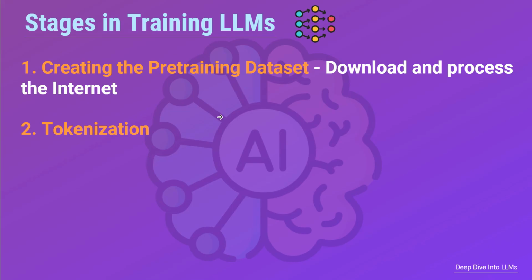We've covered the first two steps of training the deep neural network used by the LLM: getting and filtering the raw internet data and transforming it into tokens. In the next video, we'll discuss the next step, which is training the neural network.